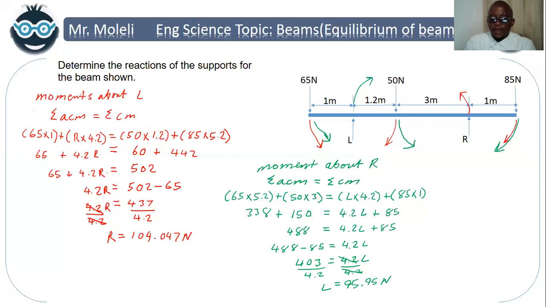So good people, that is how you get the magnitude for both of them. When you add 95.95 and 104, which is the magnitude for R, they must equal the point loads. Remember, the top ones are the point loads, the bottom ones are the reactions.